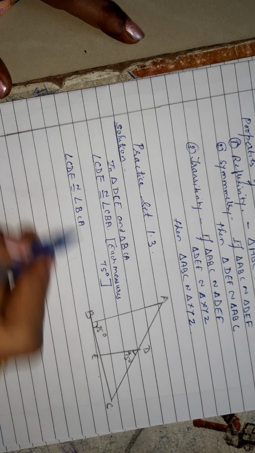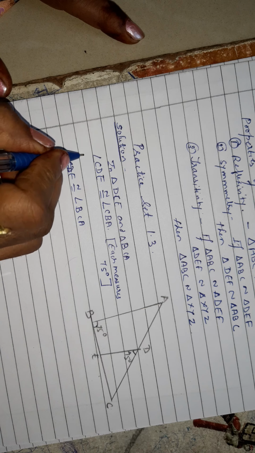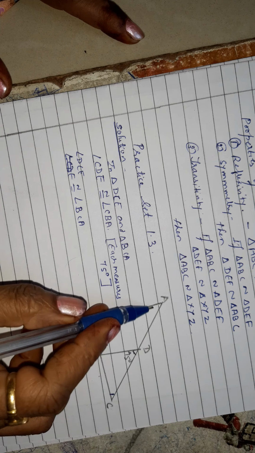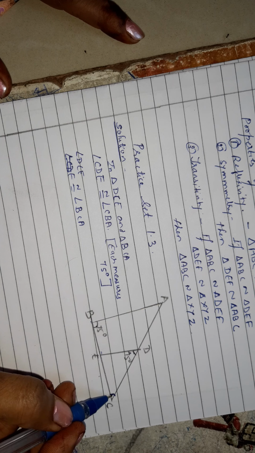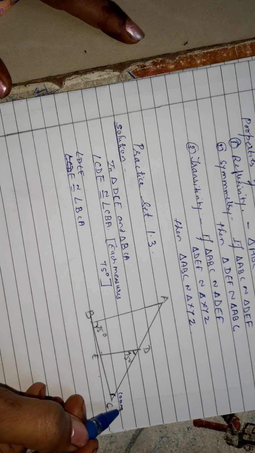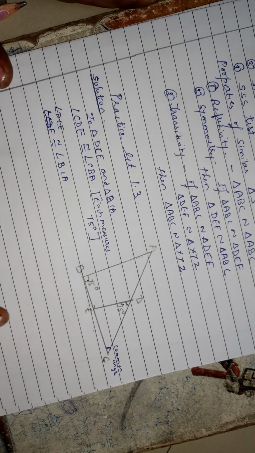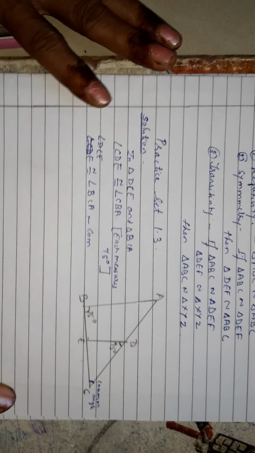Angle DCE and angle BCA, or you can say ACB, why are they congruent? This is a common angle. So here write in bracket, common angle.